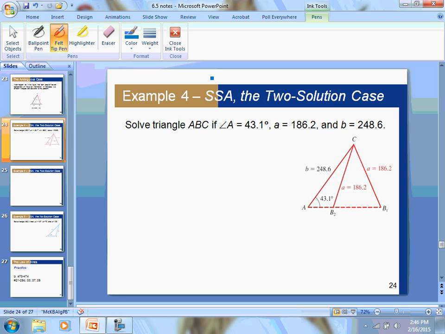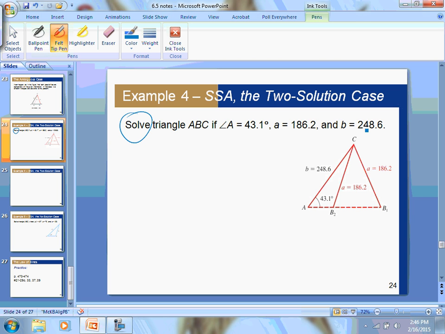Again, they want us to solve the triangle, so that means we have to find all the stuff that's missing. They give us angle A is 43.1, side A is 186.2, and they give us side B. So you have an angle and a side and a side.